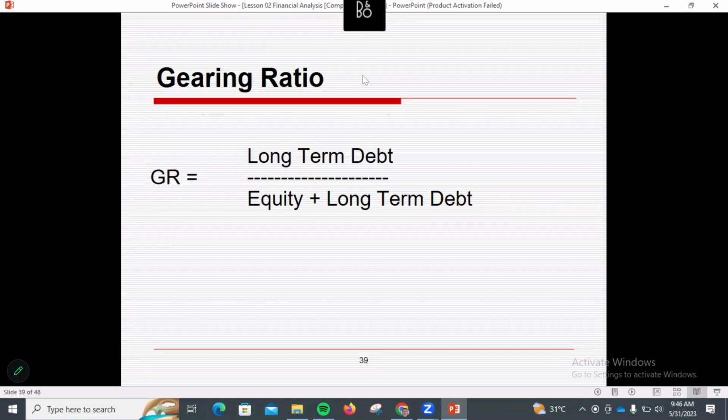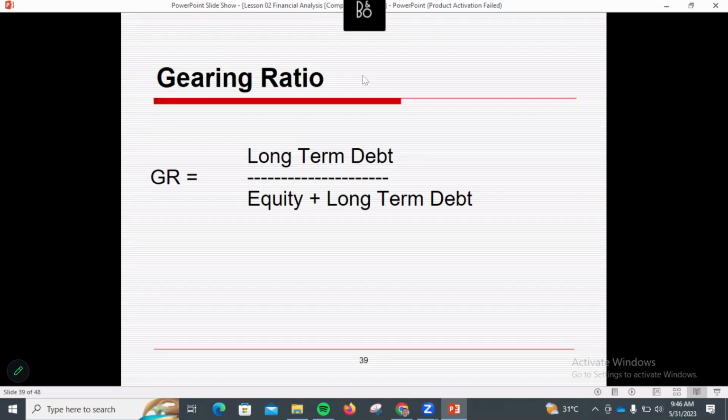So usually firms go for long-term debt to make investments in profitable ventures, with the expectation that they can use the opportunities and earn the profit.